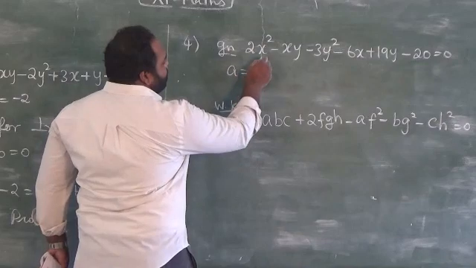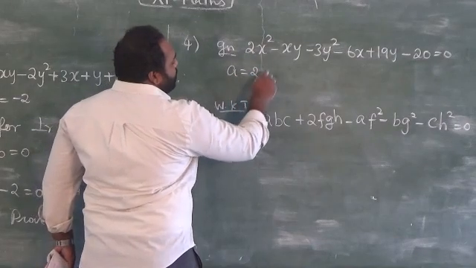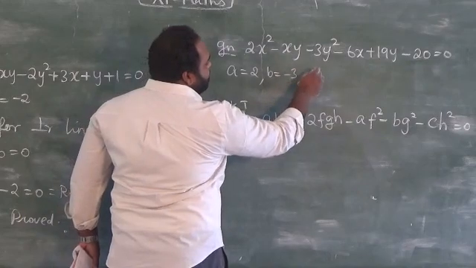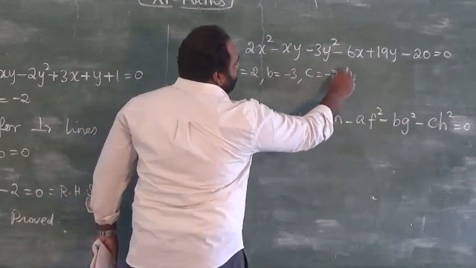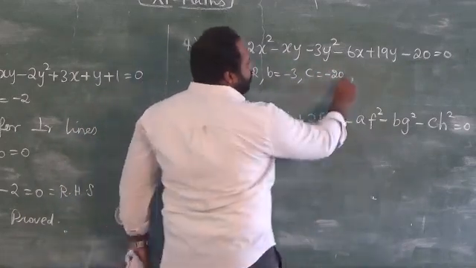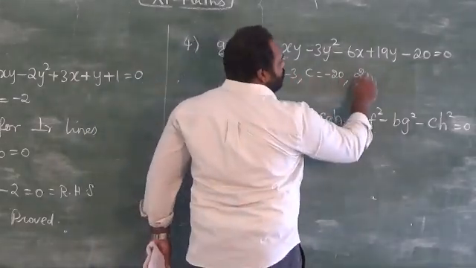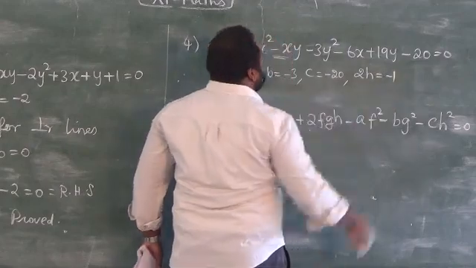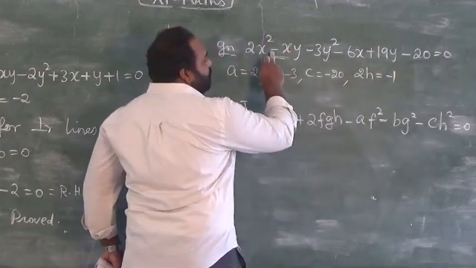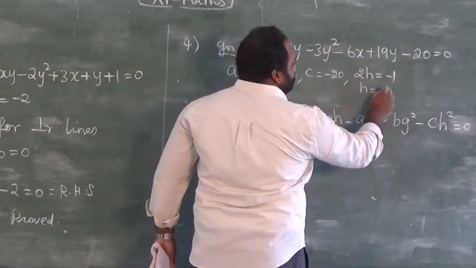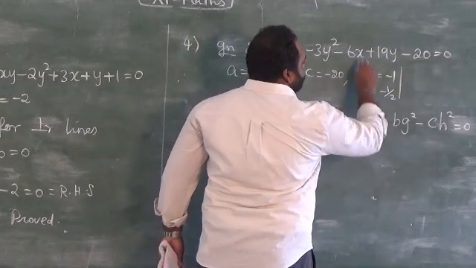So A value is the coefficient of x square, it is 2. B value is the coefficient of y square, it is 3. C value is the constant, minus 20. Next, this is 2H value. Coefficient of xy is 2H. Here 1 is 2H, so H is equal to 1 by 2.